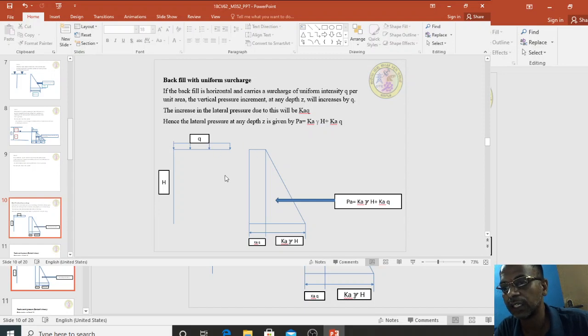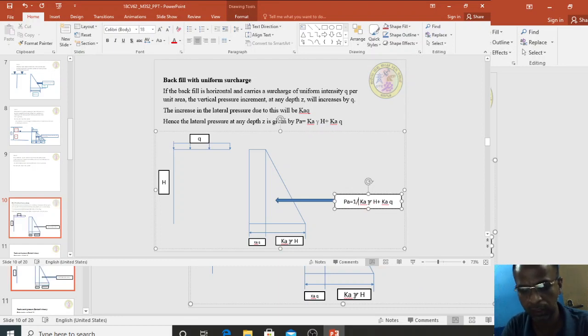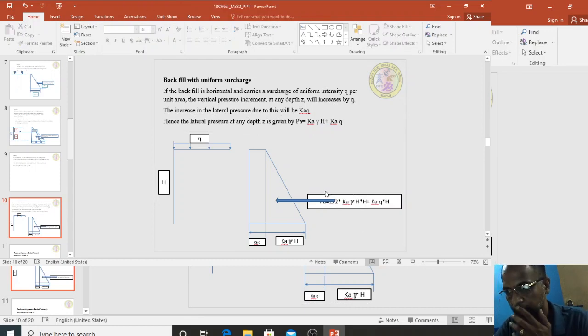Now when you are calculating the total PA, PA total is half into Ka gamma H, base into height, plus Ka into Q, that is base width into height. So if you calculate it, you will get the earth pressure.